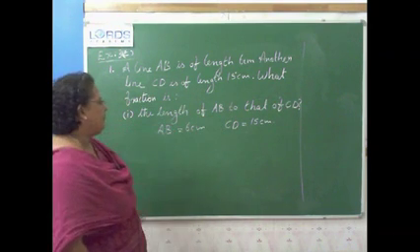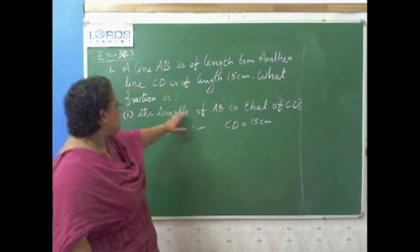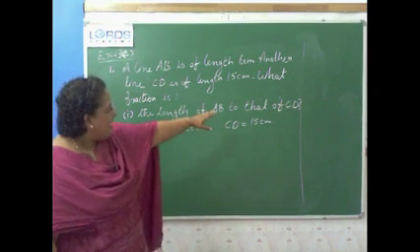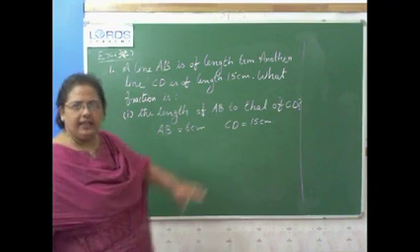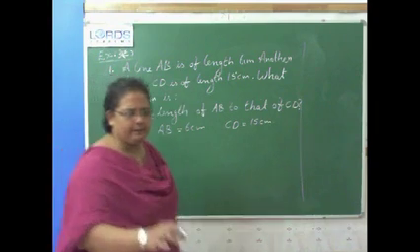So what you have to do? To compare, the first given is AB, so the length of AB should be in the numerator, and the length of CD should be in the denominator. Easiest way to do it.